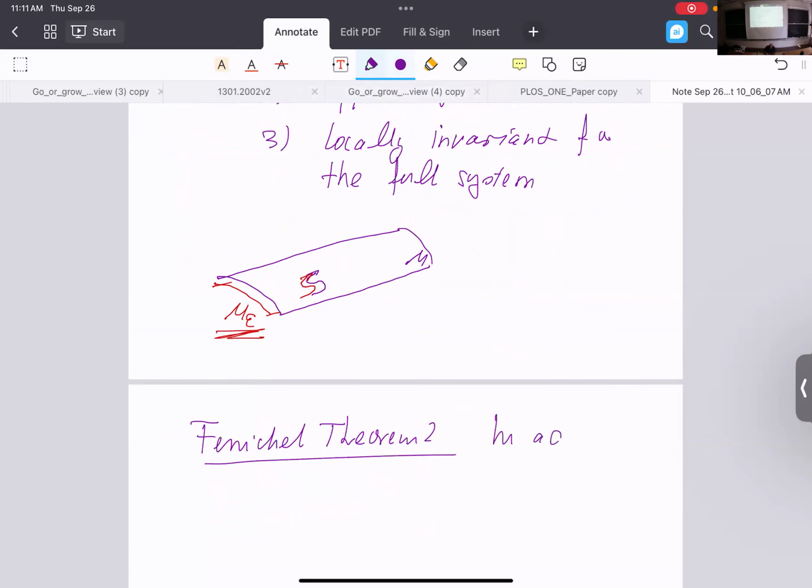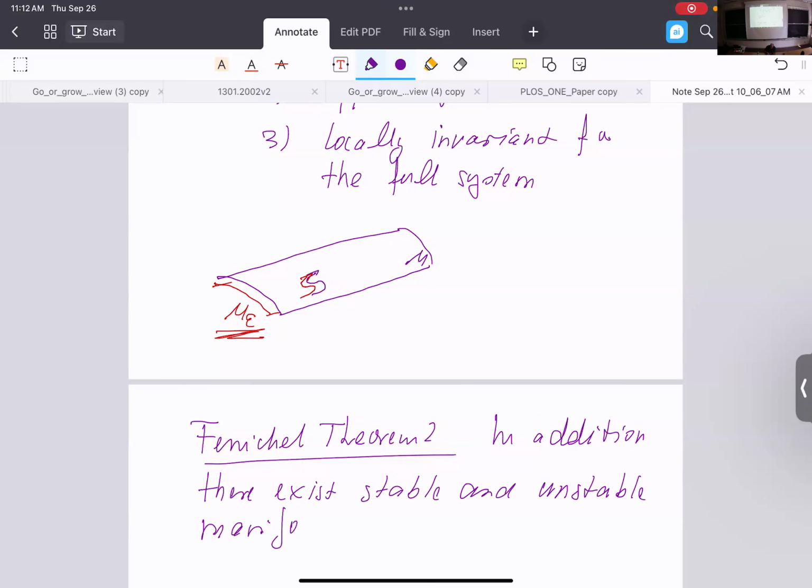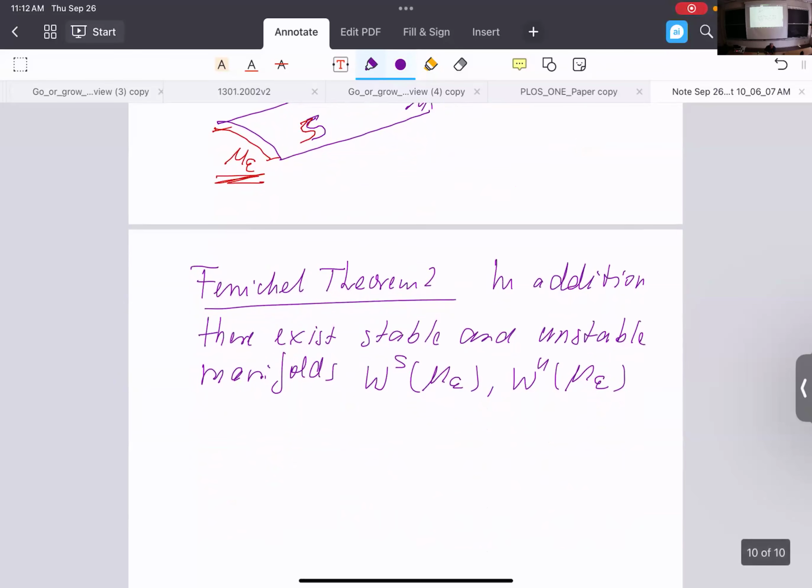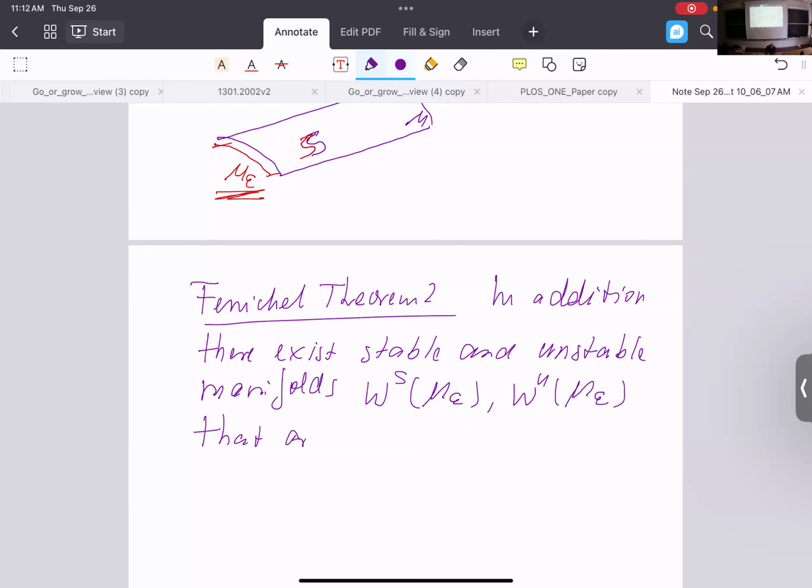So in addition to the previous one, there exist stable and unstable manifolds, let's call them W stable of M epsilon and W unstable of M epsilon, that are O(epsilon) close to the stable and unstable manifolds of M, respectively.